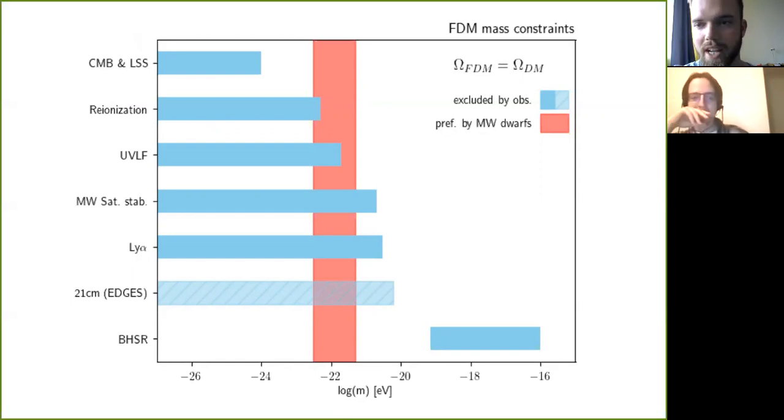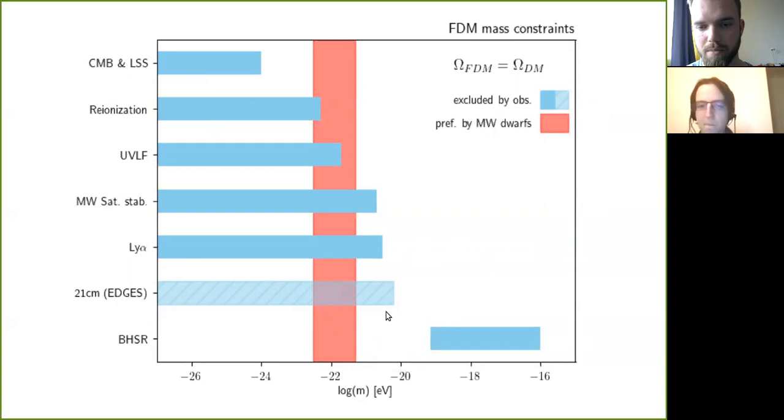But as soon as we have slightly heavier masses, then this scale becomes so small that it's in the nonlinear regime, and then we start to need dedicated fuzzy dark matter simulations for these nonlinear behaviors in collapsing structures like filaments and halos. So here I will be mainly concerned with simulating those mass scales around 10 to the minus 20.